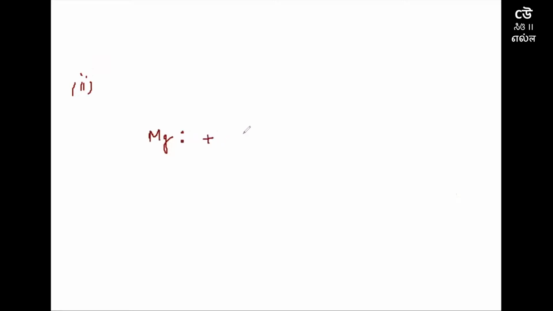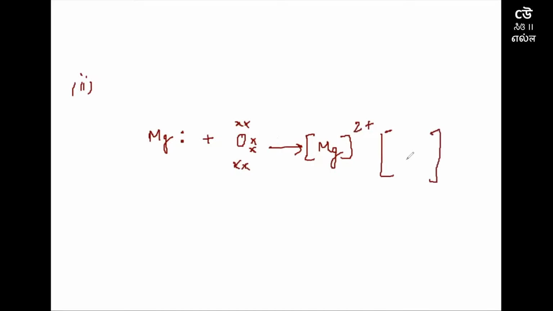When it will combine with oxygen that has 6 electrons in its outermost shell, combine करने के बाद magnesium will lose both the electrons, and then it will acquire a 2 plus charge, and on the same segment this oxygen will now have 8 electrons. So again 2 dots over here, and then 2 minus charge.